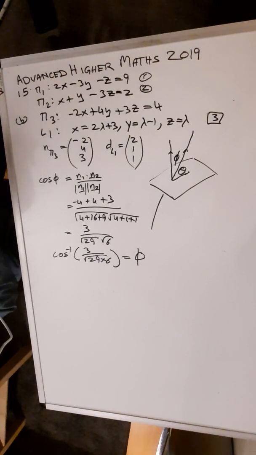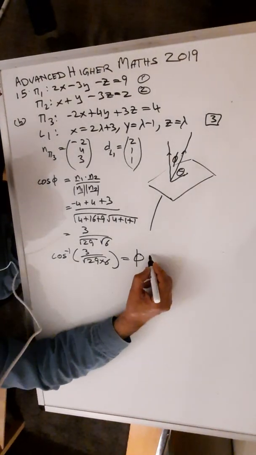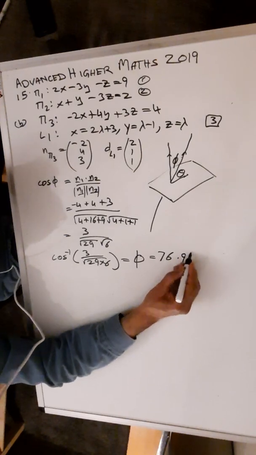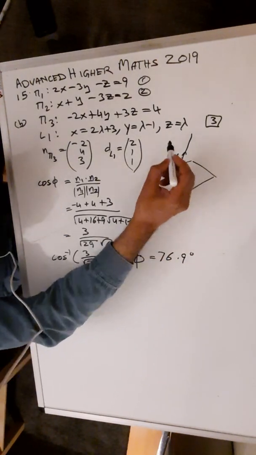Shift cos of 3 divided by square root of 29 times 6, close the bracket, and that's giving you 76.9 degrees. That's this angle here that you found.